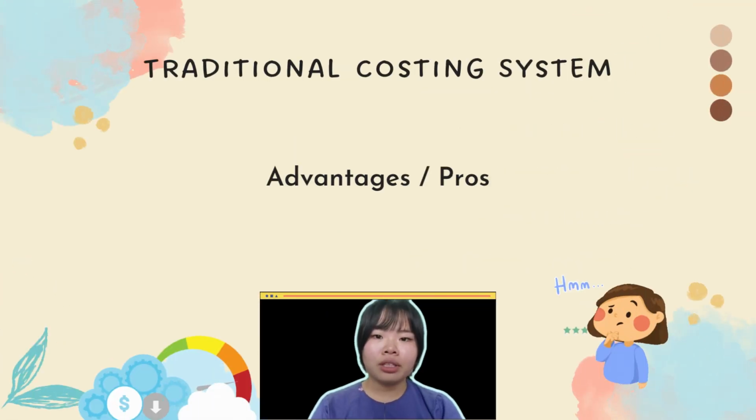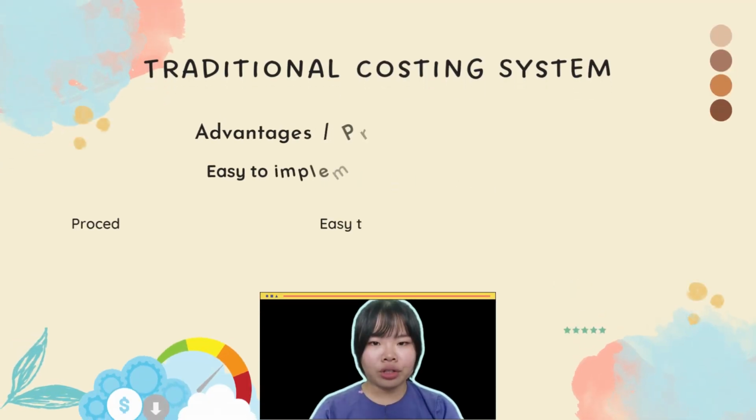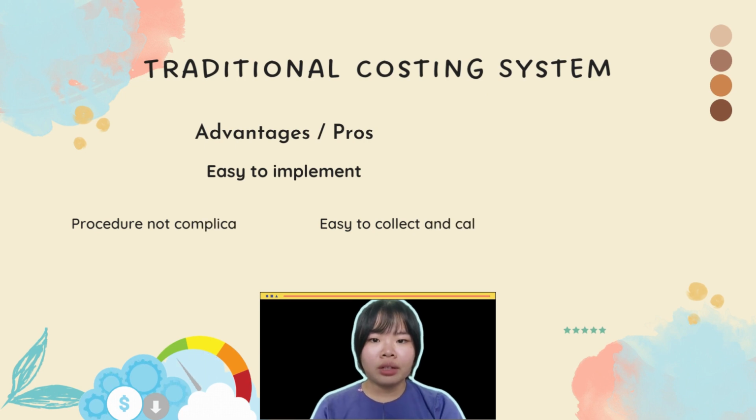The traditional costing system is easier to understand because the elements and principles of this system go against those of the activity-based costing system. On the side of the traditional costing system, the company may find that this method is easier than the activity-based costing system because it is also easy to implement to allocate the cost.